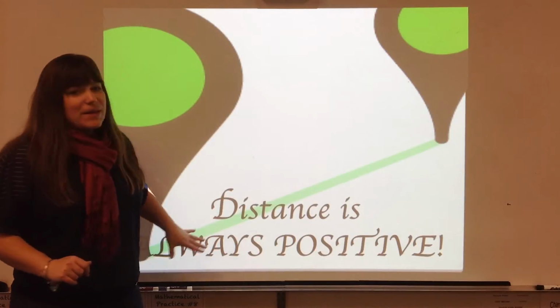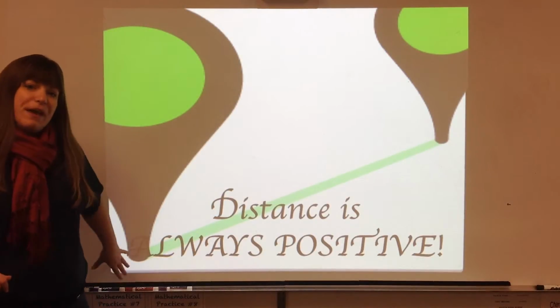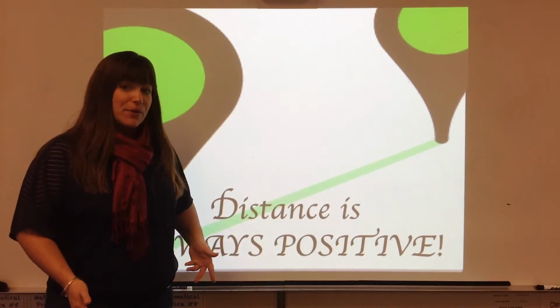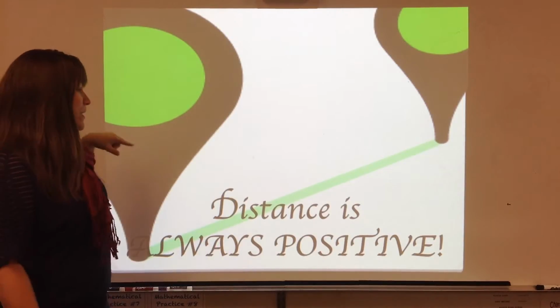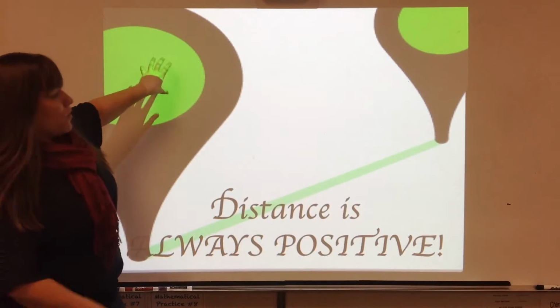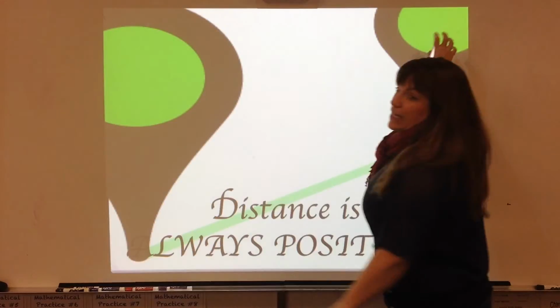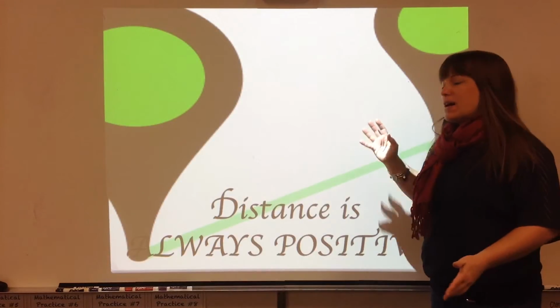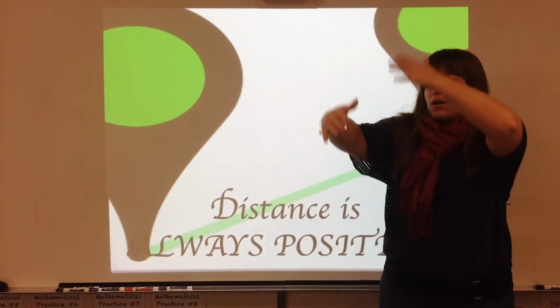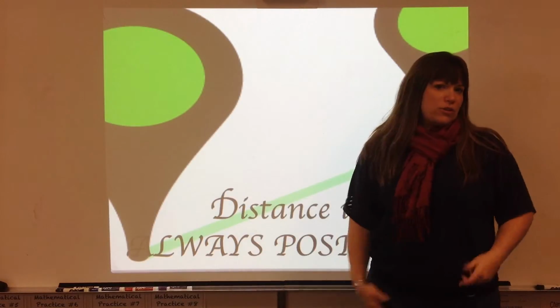The big idea here is that absolute value is always a positive number because it's talking about distance away from something. So here's 0, and how far away is that number? Whether it's negative or positive, you're measuring distance. So how many feet is it from your house to the store?